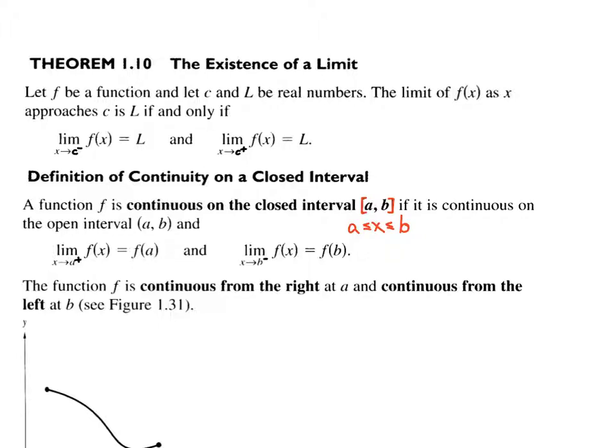Okay? So now, continuity. A function f is continuous on a closed interval [a, b]. Notice the closed interval. If it is continuous on the open interval (a, b), and the limit as x approaches a from the right is f of a, and the limit as x approaches b from the left is f of b.